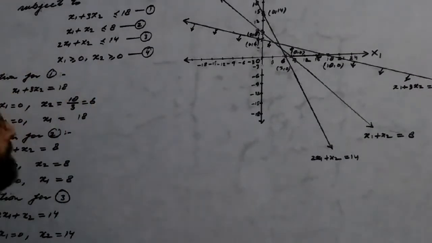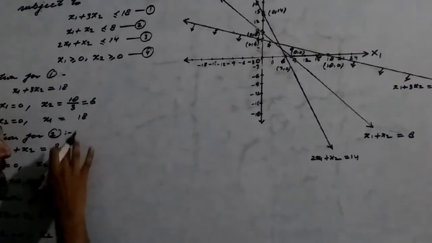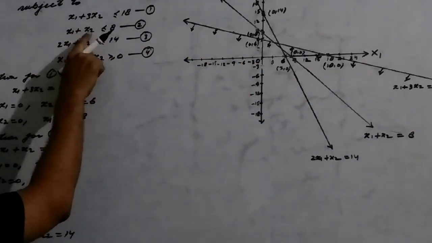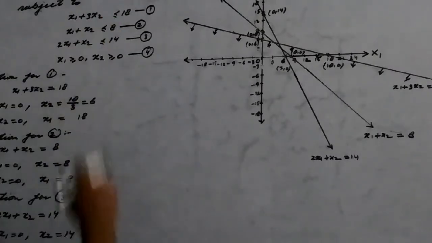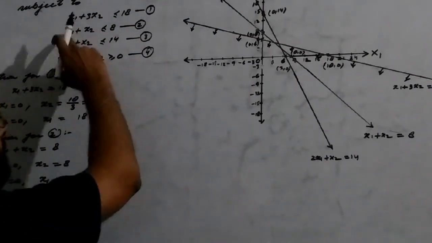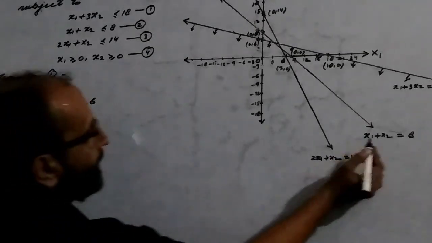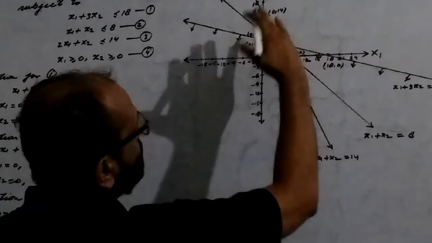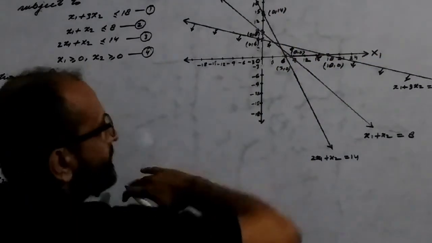Same thing we have to do with x1 plus x2 is equal to 8. The inequation for this equation is x1 plus x2 is less than or equal to 8. If we substitute x1 and x2 both equal to 0, we have 0 is less than 8, which is also true. So this line divides the whole plane into two regions, one above this and the other below this.